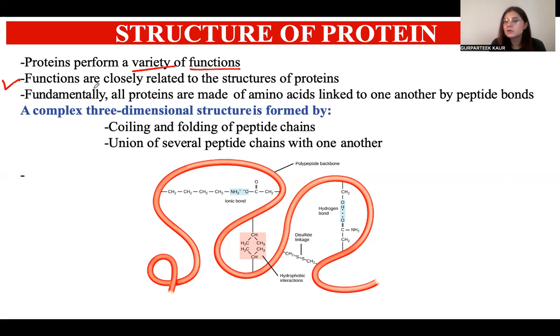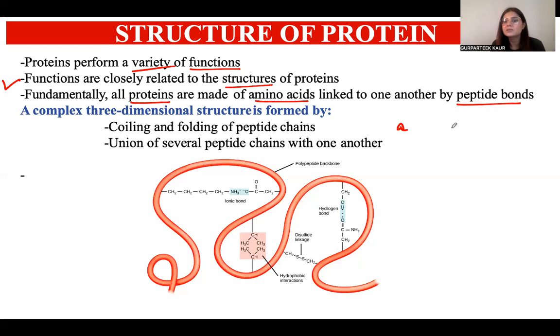Now, the functions of the proteins correspond to the structure of the protein. The structure of the protein is responsible for closely deciding what function it is going to exhibit inside the biological body. Now, fundamentally, all the proteins are made up of amino acids, and all these amino acids are linked to each other through peptide bonds.